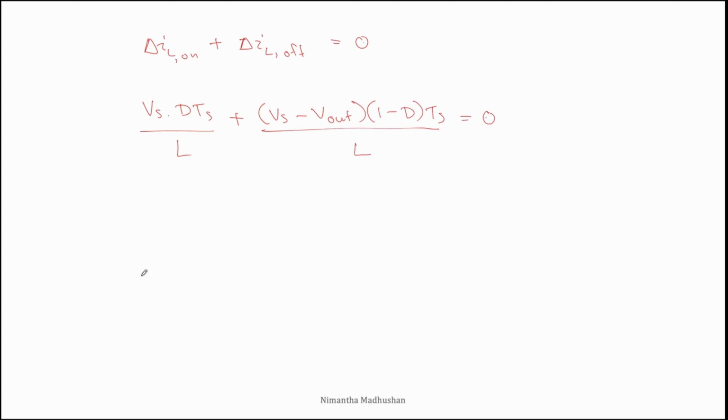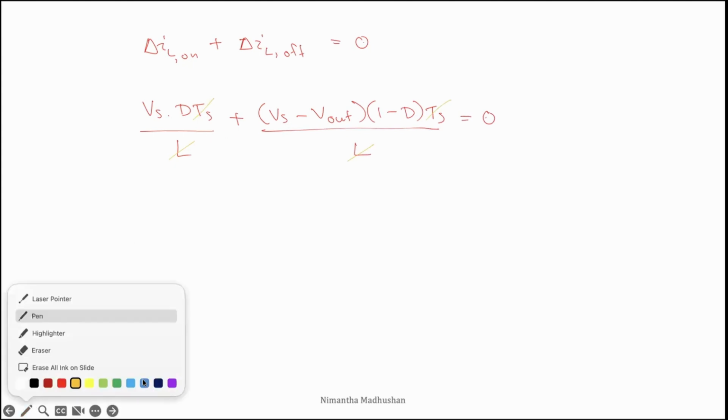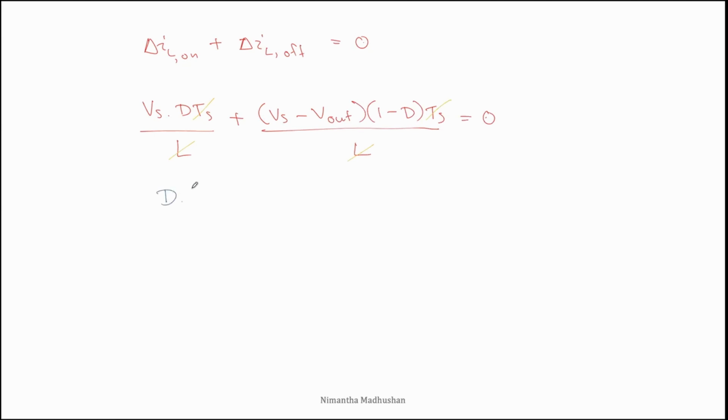From this equation, we can cancel L and Ts, common to both parts. And then we can write d times Vs plus Vs into 1 minus d, minus Vout into 1 minus d, where minus into minus is plus, Vout d is equal to 0.